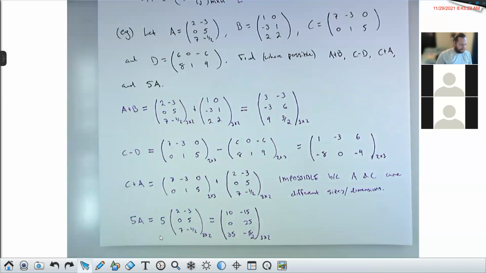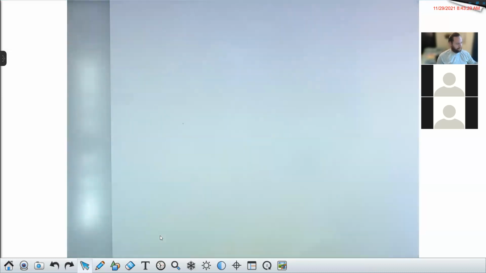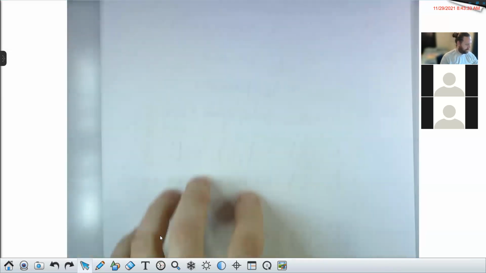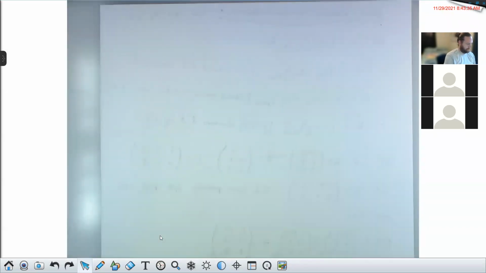So let me write down a matrix equation and try to solve it for you. Just a nice simple matrix equation. Let the matrix A be the 2 by 2 matrix, 2, 3, -5, 1.